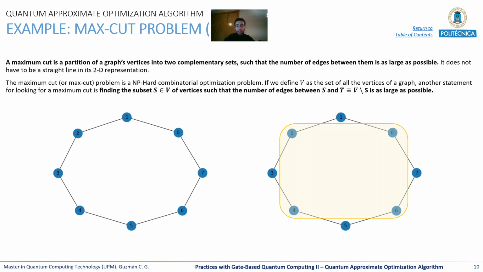So we need to cut this graph in a way that we cut the most edges possible.